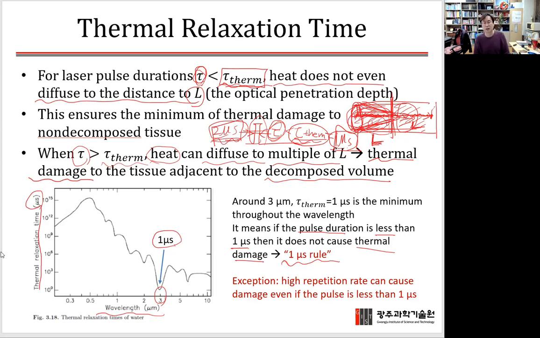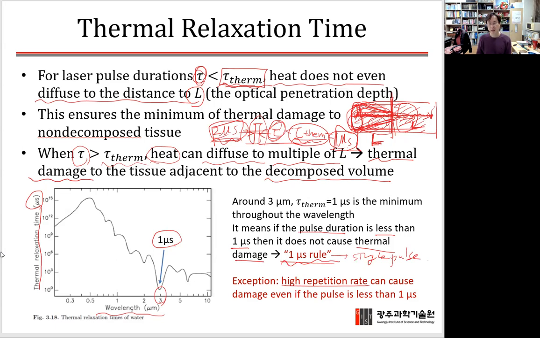The exception is that this is basically working for single pulse laser irradiation. But if you are repeating the pulse, it can actually accumulate the heat.